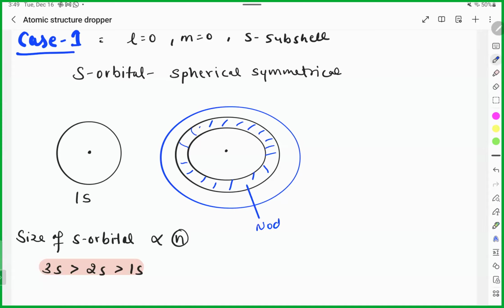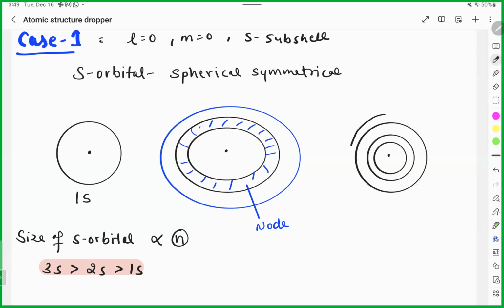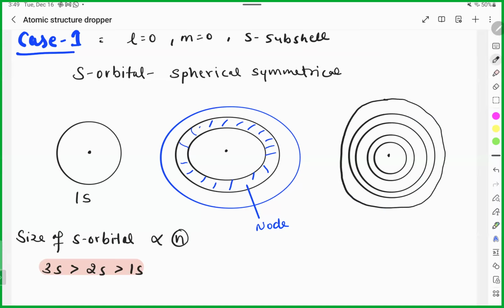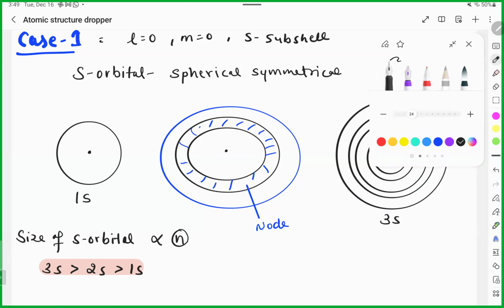So what is the number of nodes in this situation? 1. If you see the bigger picture, this is the nucleus, this is 1s, then there will be a node, then 2s, then a node, then 3s, like this. So when you take 3s, you will see two nodes in between. I will take a bigger one.